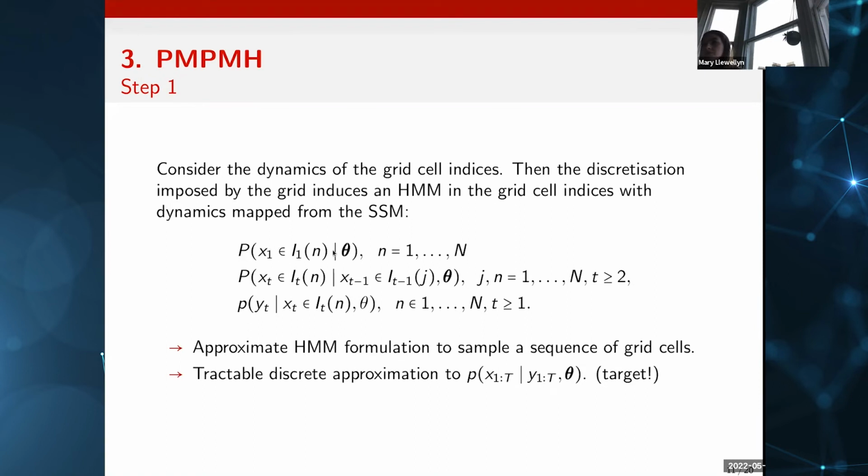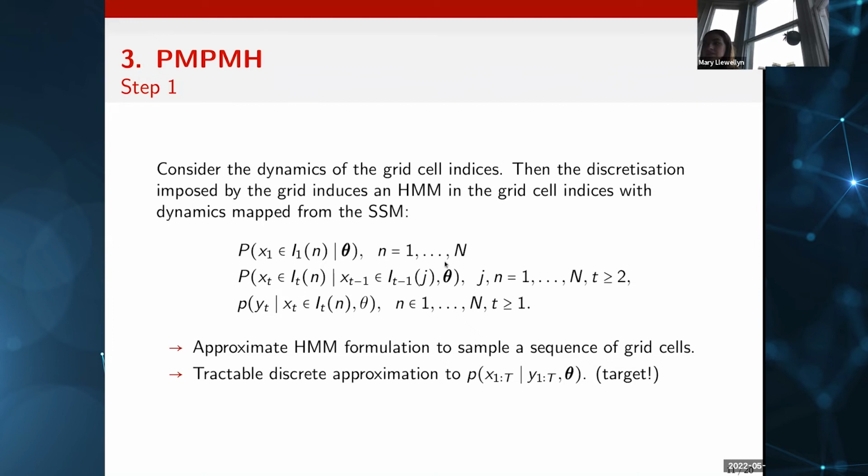Let's take this initial state distribution as an example. It's the integral over that interval at time 1 of the state space of the initial state density that we've got from our state space model.